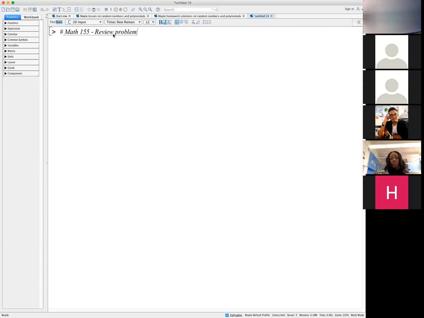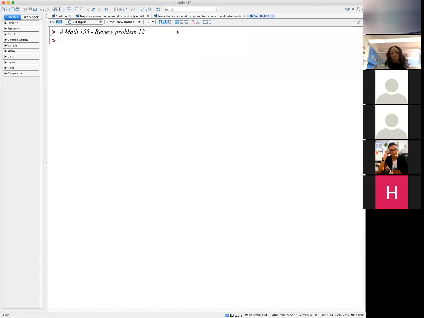Review problem 12. So the area under a curve is just the integral, right?